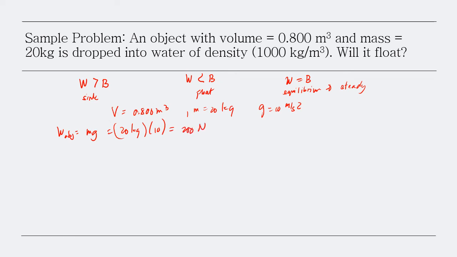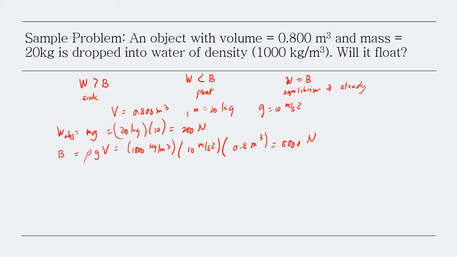The buoyant force is density times gravity times volume: 1000 kilogram per cubic meter times 10 meter per second squared times 0.8 cubic meter, which is 8000 Newton.